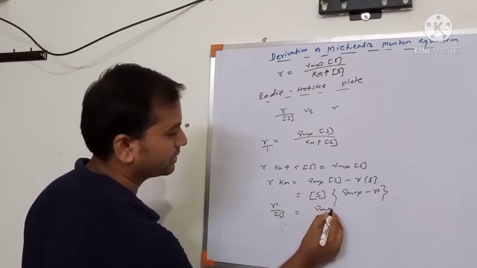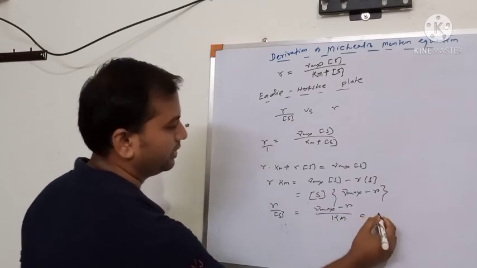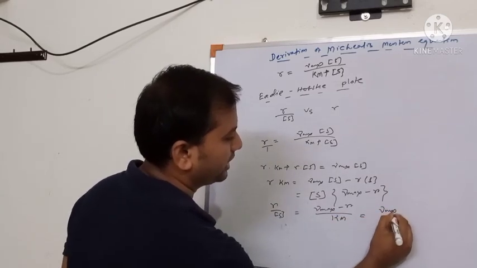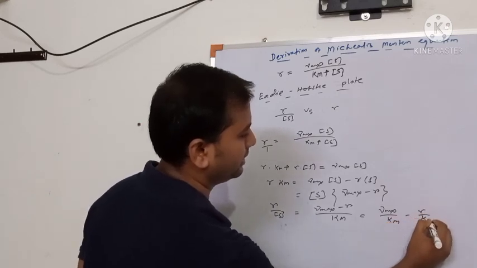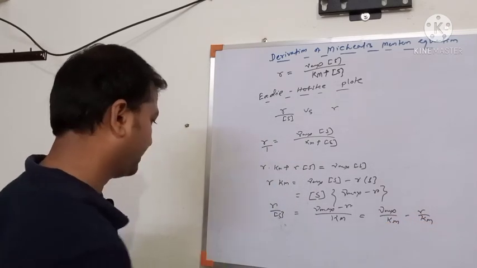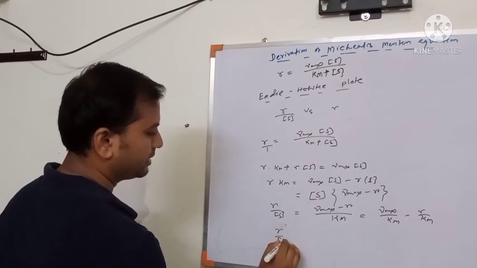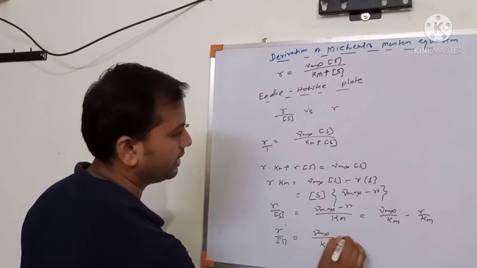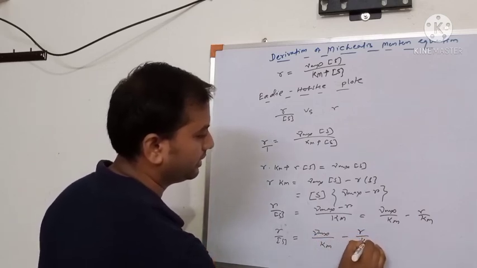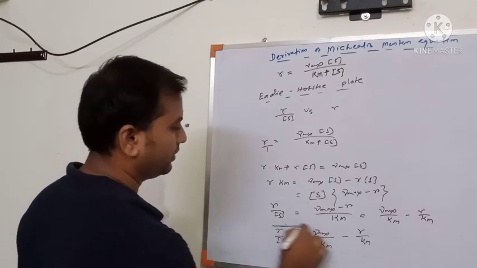Nu max minus R by Km equal to nu max by Km minus R by Km. So R by S equal to nu max by Km minus R by Km. This is the other equation.